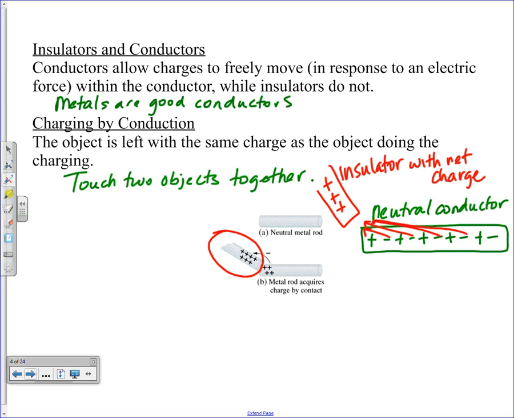So the electrons are attracted to that insulator, and if the insulator touches the conductor, the electrons will actually transfer to the insulator. And what happens when the electrons transfer is they actually leave, which leaves me with a net positive charge.